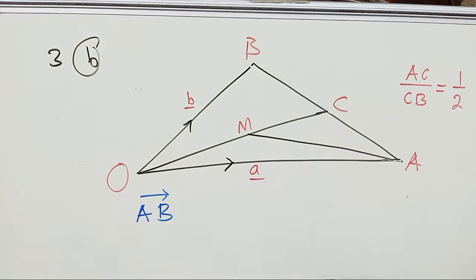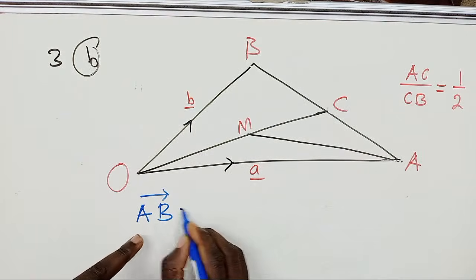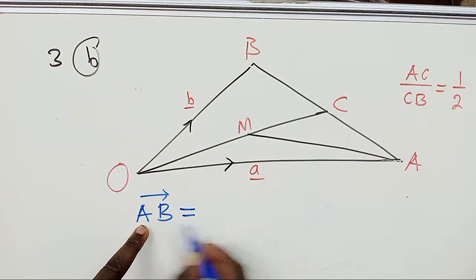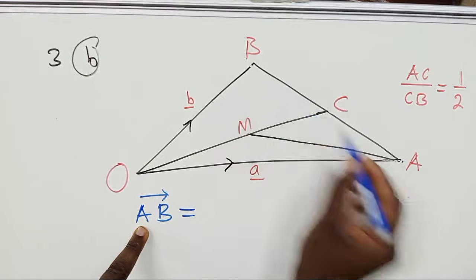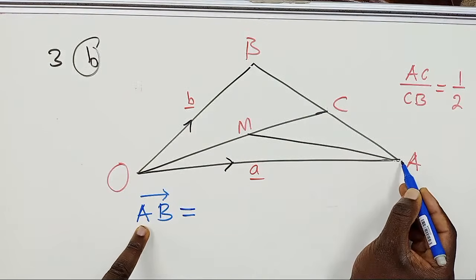So now, let me try to be slow on this one because people face difficulties on this one. So this is what I'm going to tell you. When you see what you've been asked, in this case it's AB, go to the same letter, A, and move now the other way.